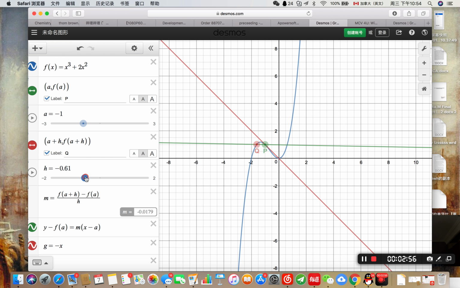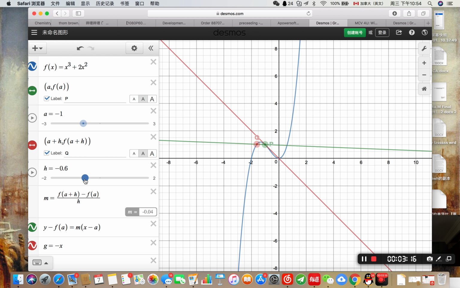So h approaches 0 from the left side, which means minus 0.4. It's like this. So you can see that it's a movement that makes the secant line become closer and closer to the tangent line.